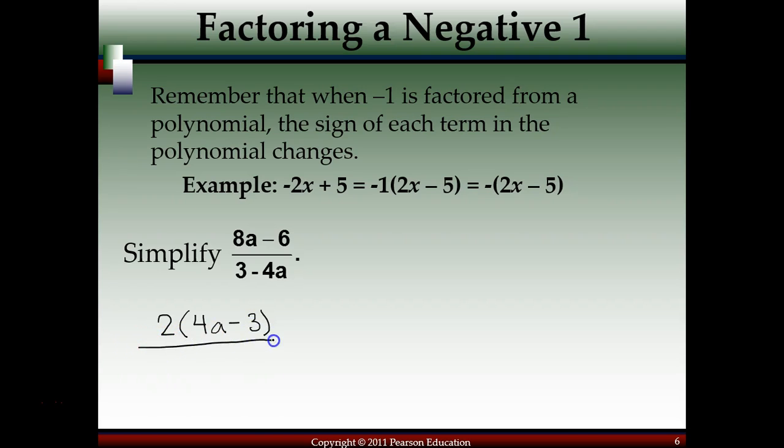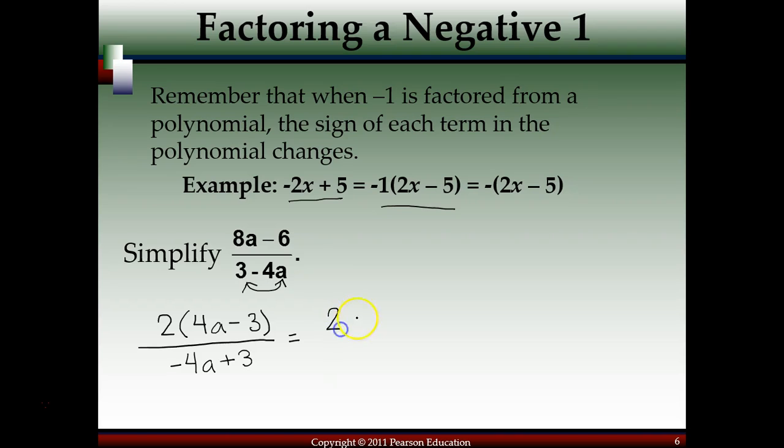Now in this denominator, see how the expression inside the parentheses in the numerator is 4a minus 3? That is so close to 3 minus 4a if we just flip these things around. I'm going to change them around. Now, can you see how if I take out a negative, just like the example up here, I would end up with 4a minus 3 inside the parentheses? Let's do that.